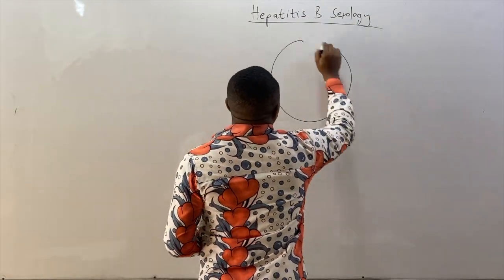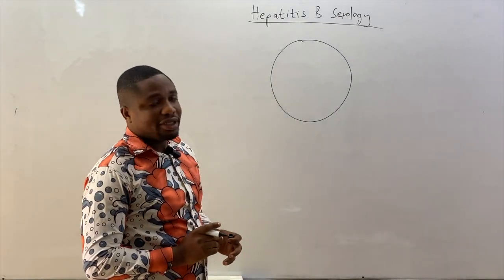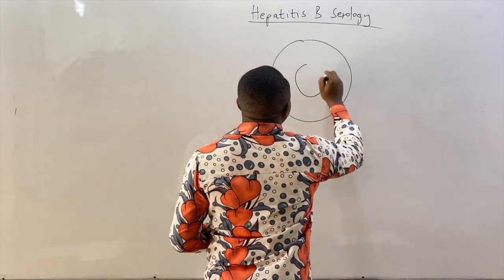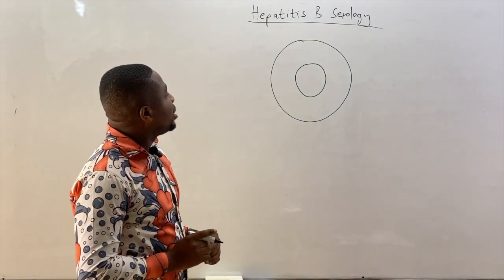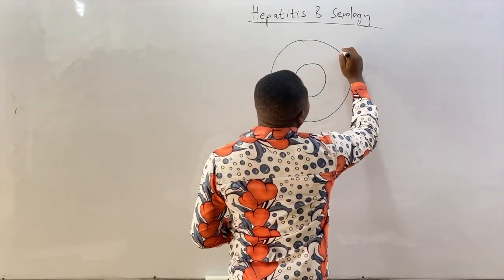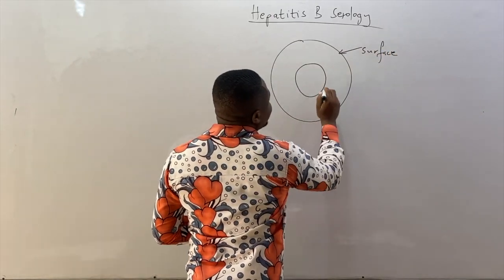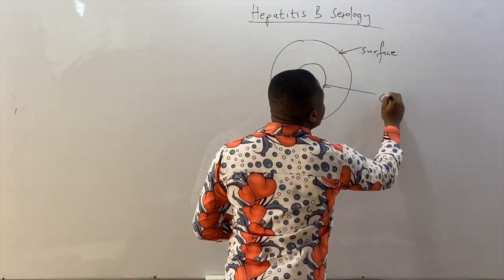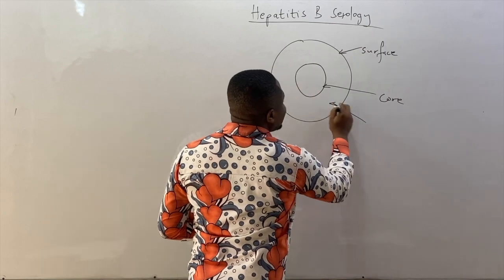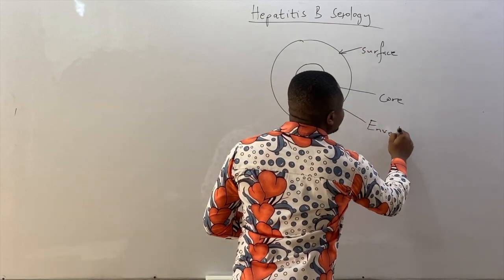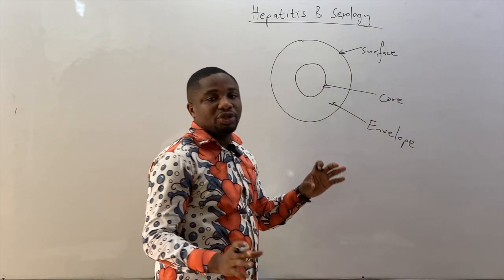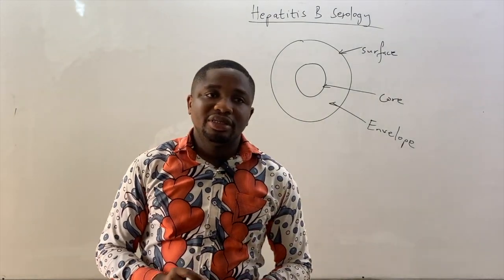So we are going to look at the structure of the hepatitis B in the simplest of manner. So we will take this as the surface of the hepatitis B. We will take this as the core, and we will take this as the envelope. Okay, the space between two membranes.